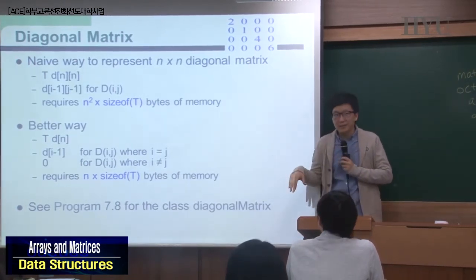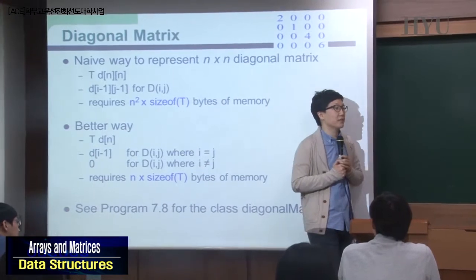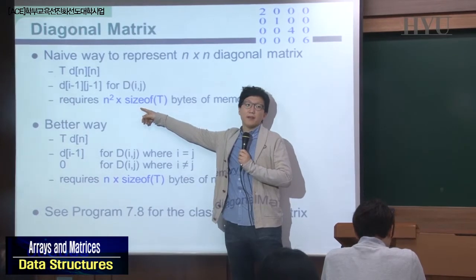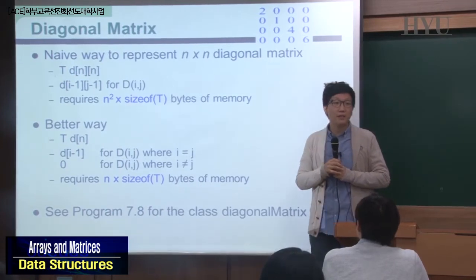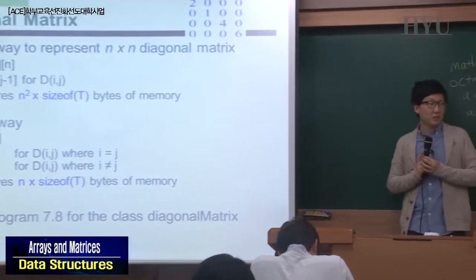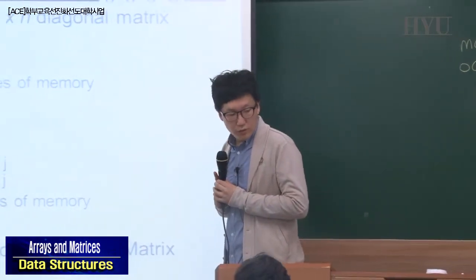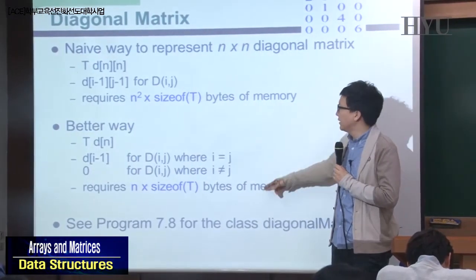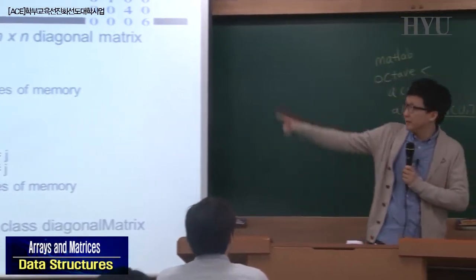This one I already kind of discussed. If you just simply use a normal n by n matrix, that's how much space you need: n squared, and if it's an integer array, an integer is 4 bytes, so n squared times 4 is how much space it requires. In a better way, if you're dealing with a diagonal matrix, you need at most n elements.